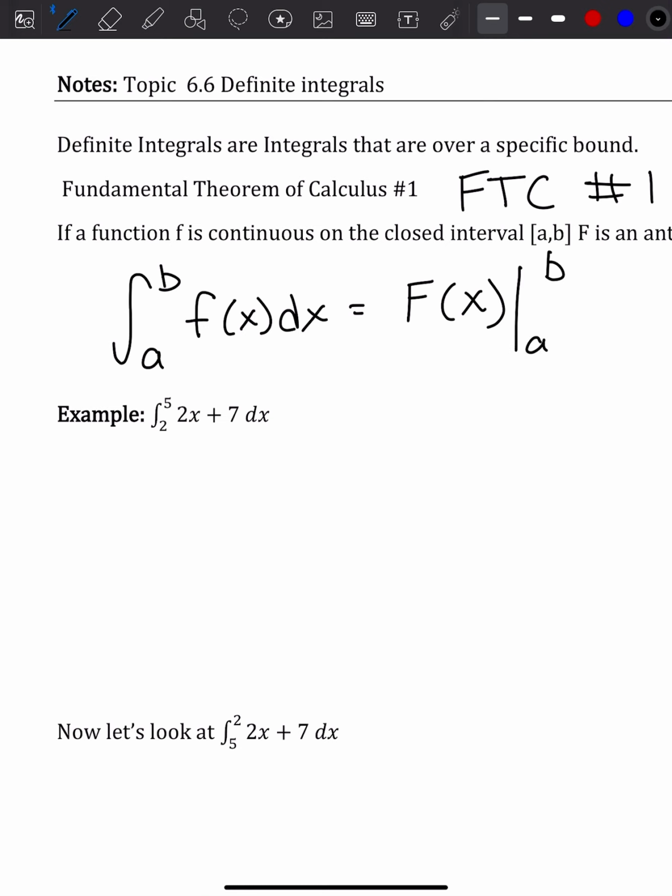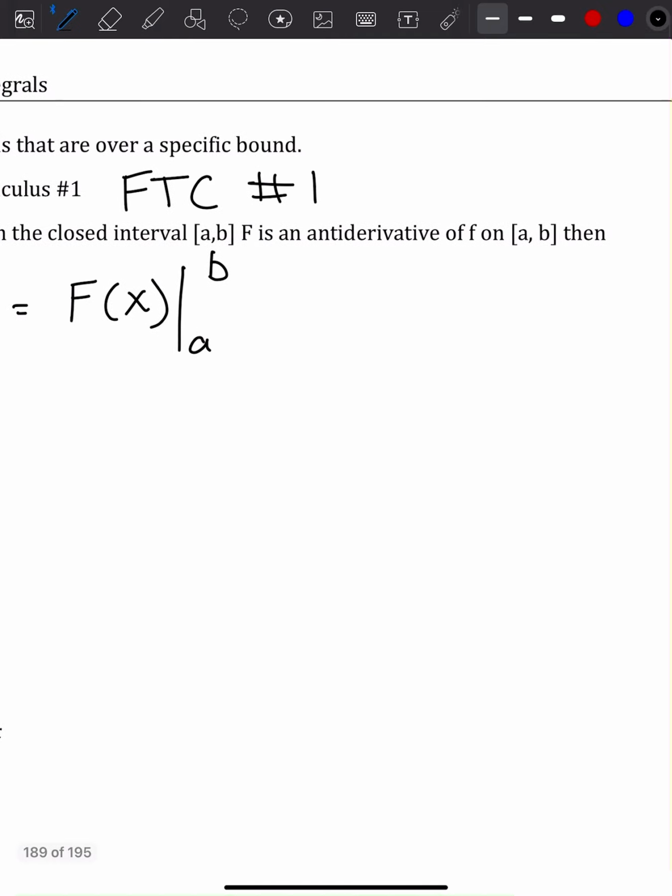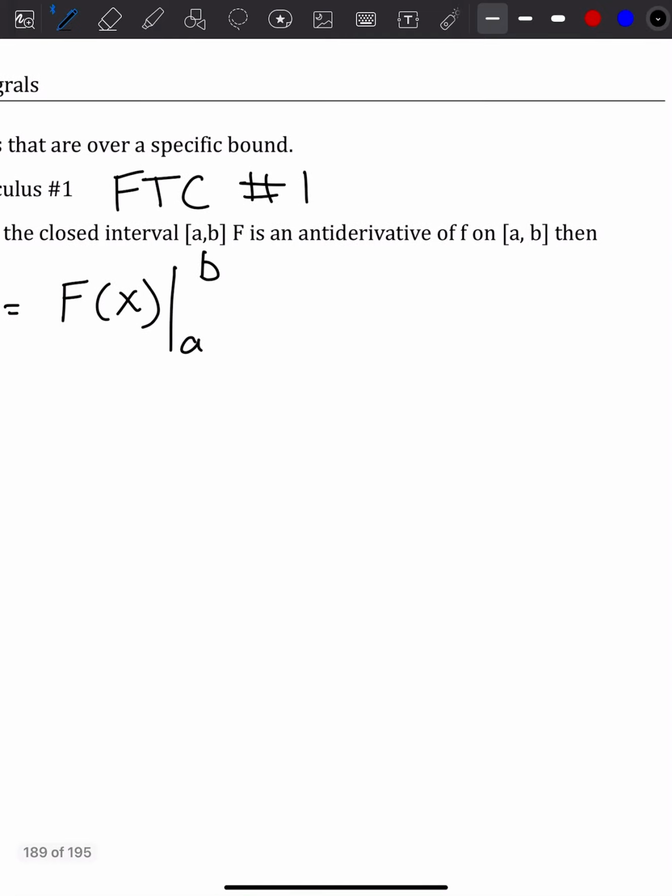So this bar is just saying that we're still looking at an interval, but we haven't necessarily used it yet. Now we're going to plug in that top value, so whatever b is, so F of b, and subtract from it F of a. So we're looking at a distance between these values, finding that difference, and we always plug in that top value first.